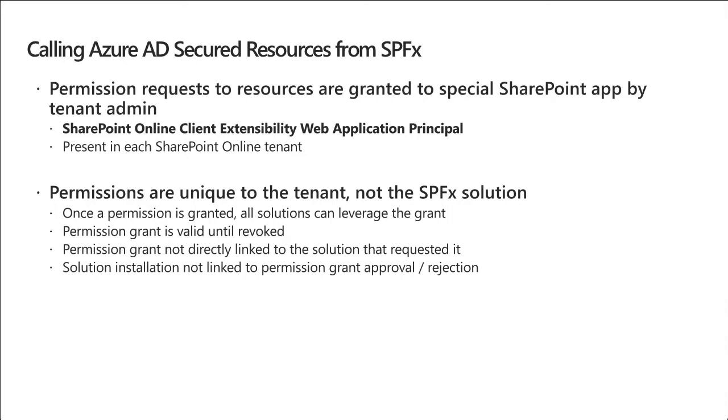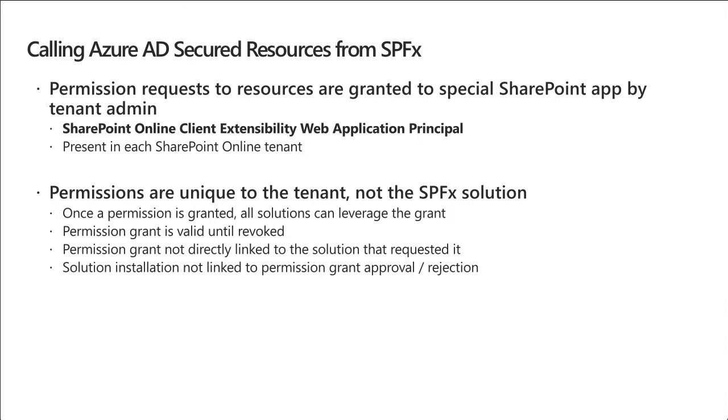Azure AD will say, I can see that the SharePoint Online Client Extensibility Web App Principal has been granted these permissions to that resource by your tenant administrator. So I'll create a token for those scopes or permissions for that resource and give it back to you.